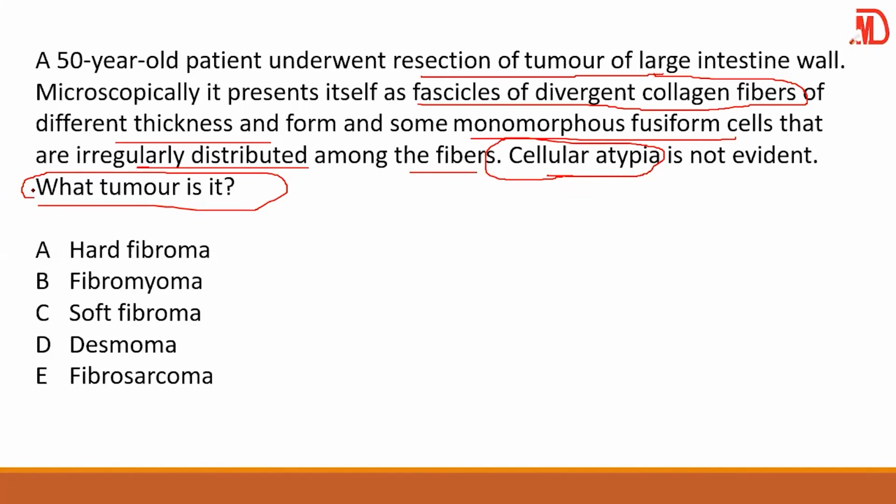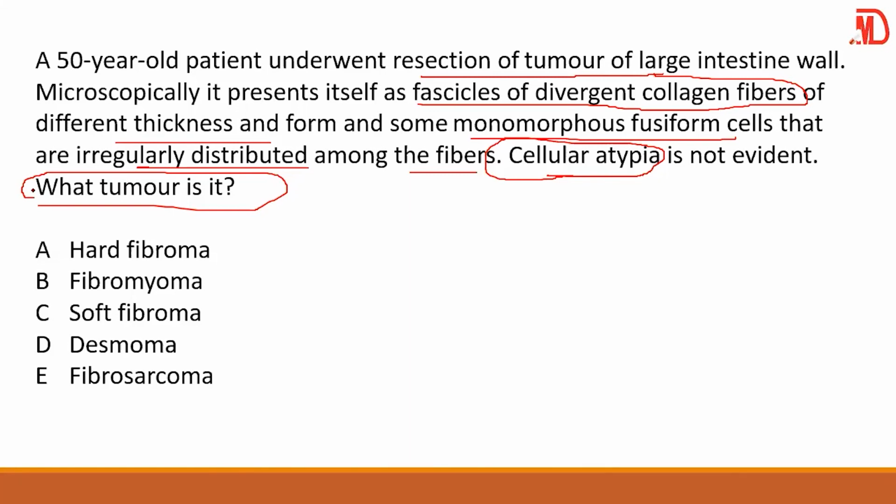And if you look over here, collagen fibers are all connective tissue. Now, hard fibroma consists of many fibers and few cells. Soft consists of many cells and few fibers.